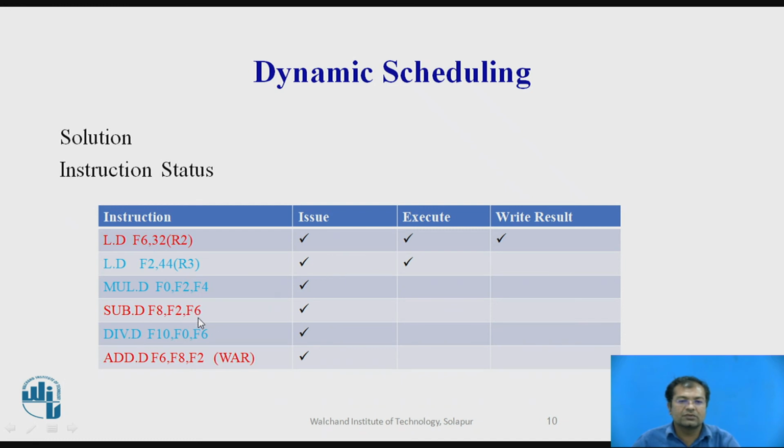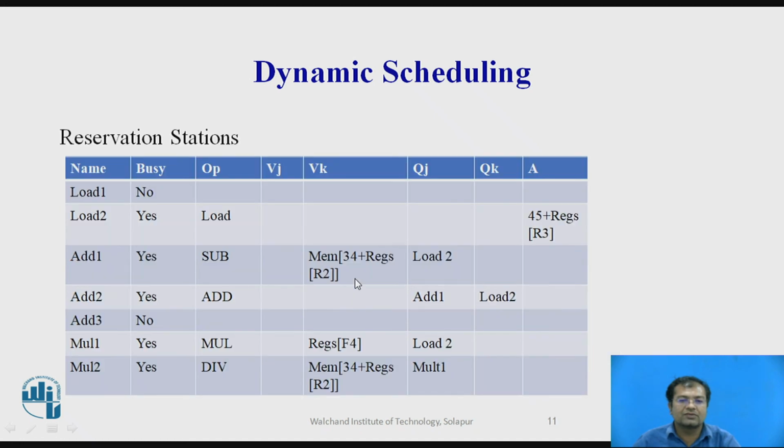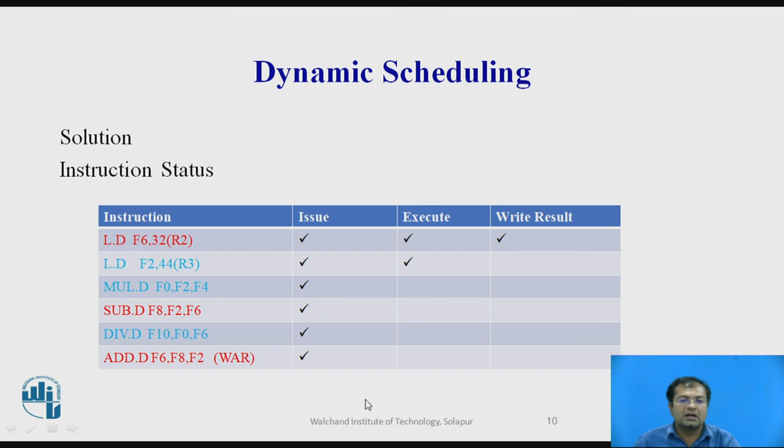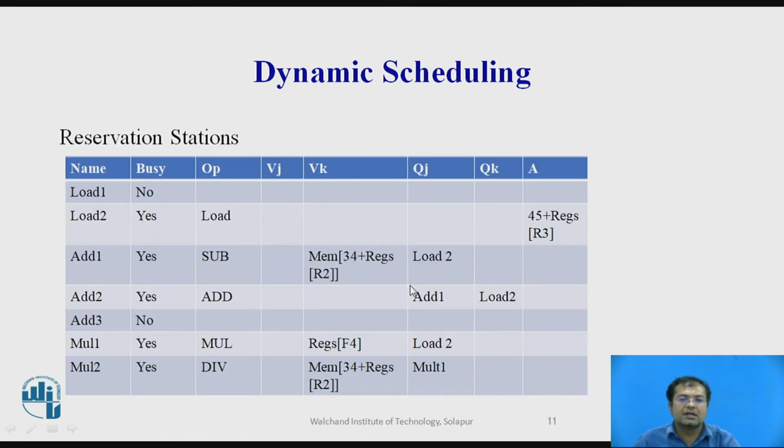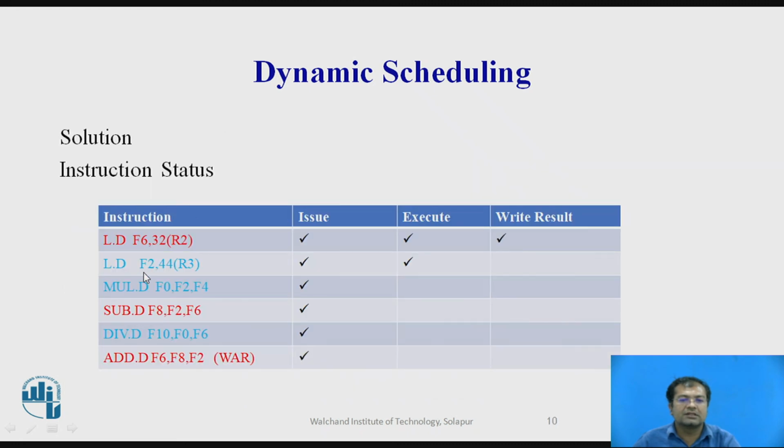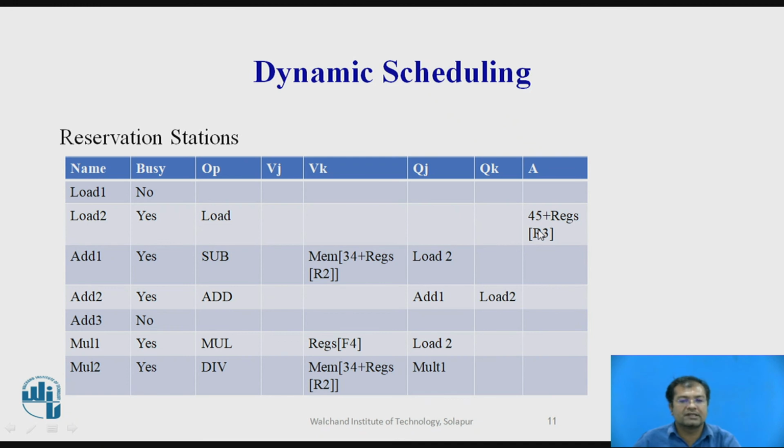The destination and source values are mentioned here for MUL and division, and these are the operations held for performing the operations: Qj and Qk. And this is the A field, which, as we discussed, holds the result of the instruction in F2 with this address.